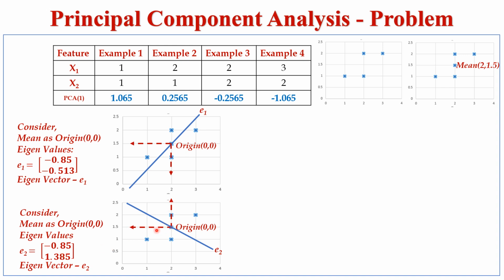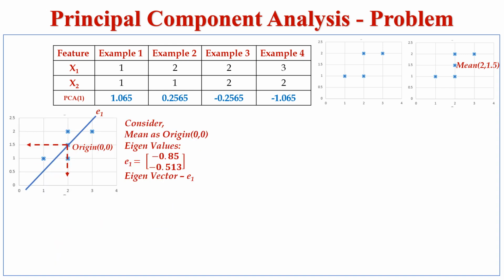So by considering the point minus 0.85 here and the y value as 1.385, the point may be plotted around here. Through this point, we can pass the eigenvector through the origin. So we get the eigenvector in this direction for E2. We are not going to consider this E2 for our next updation.